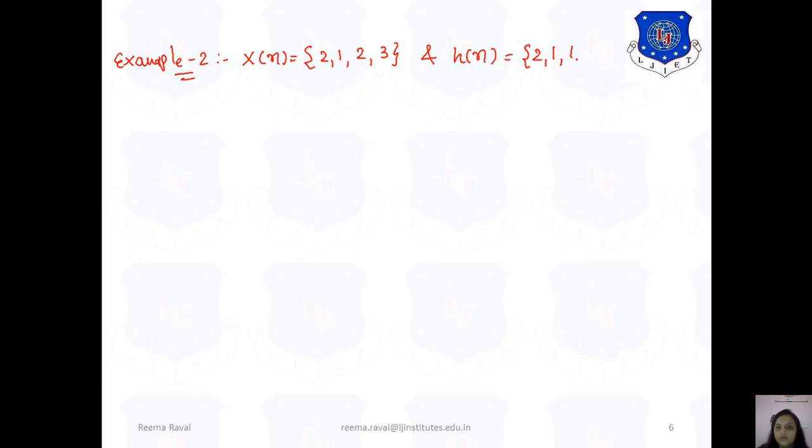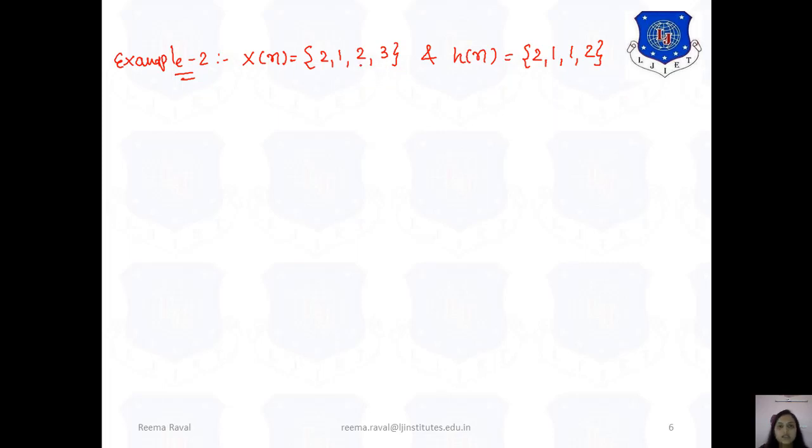Okay, let us consider another example. So next example, here let us consider x of n equals 2, 1, 2, 3, and h of n equals 2, 1, 1, 2. Okay.